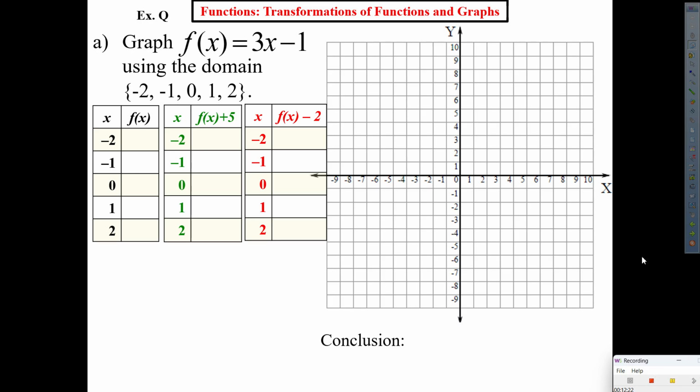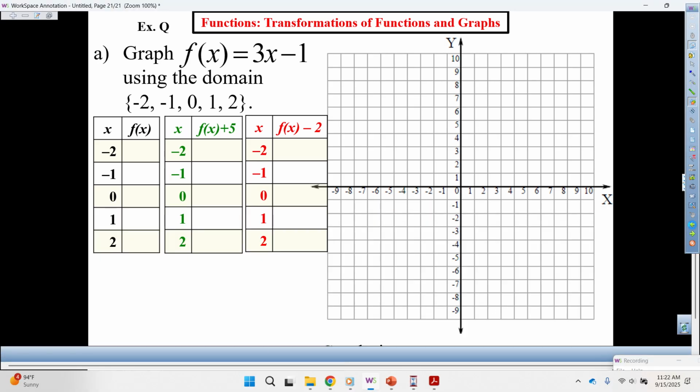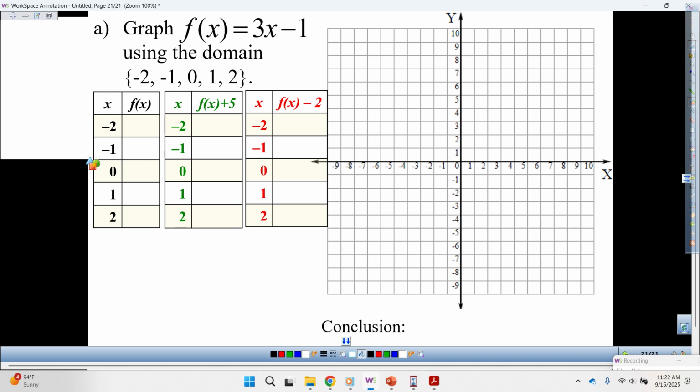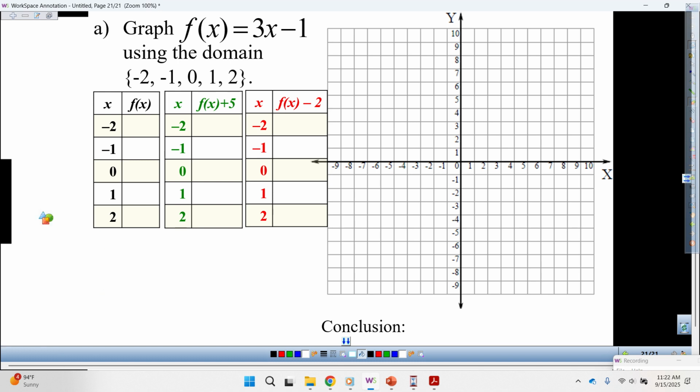All right, here we go. It says graph f of x equals 3x minus 1 using the domain -2, -1, 0, 1, and 2. Now, I've given you plenty of practice on the previous warm-ups on how to evaluate functions. So let me make some space on the left side. All right.